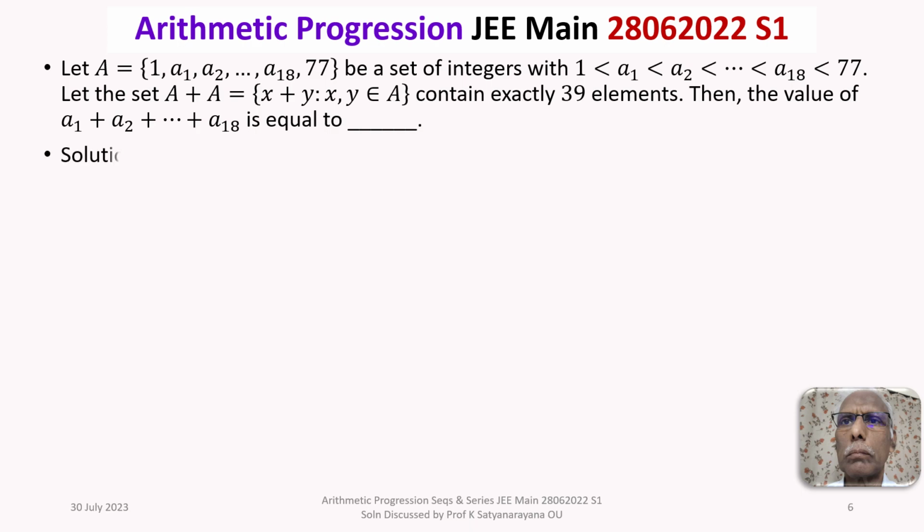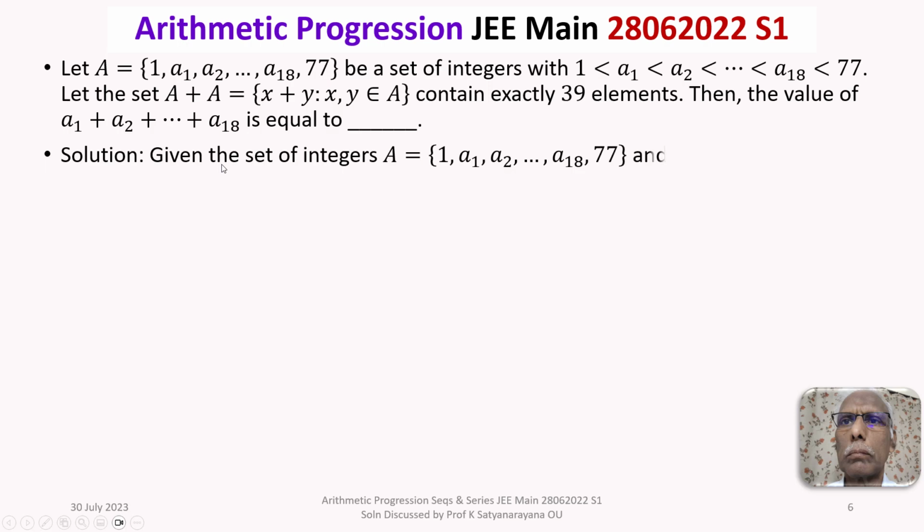We now discuss the solution of the problem in detail. We are given the set of integers A, the set consisting of 1, a1, a2, etc., a18, 77. Further, these integers are in ascending order, that is 1 less than a1 less than a2 less than etc. less than a18 less than 77.